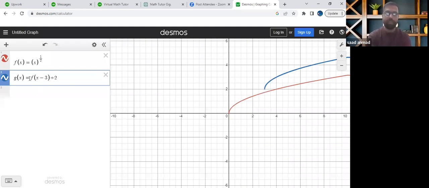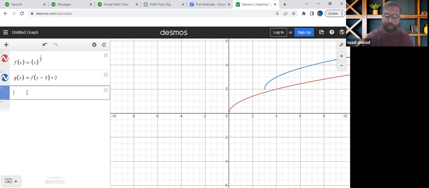Let's say we want to reflect it across the x-axis. Then we have to multiply the whole thing with a negative, right? Let's see here. You see, it's not the actual reflection. If we want to reflect it, we need to take another step and reflect the g, because now our function is g of x.